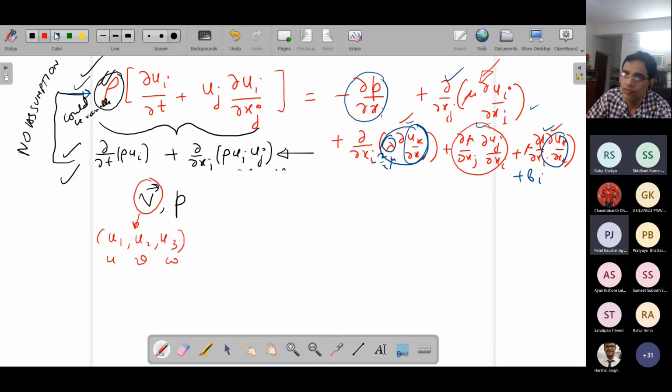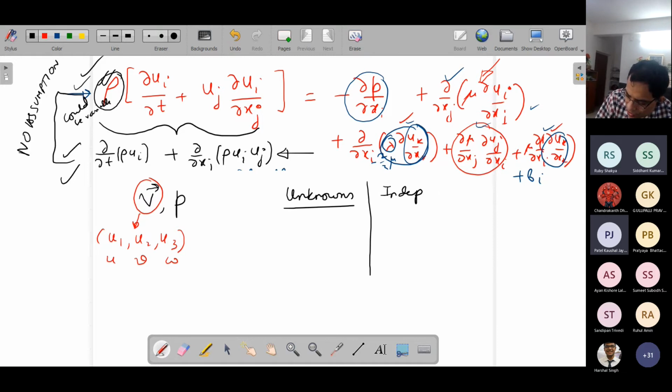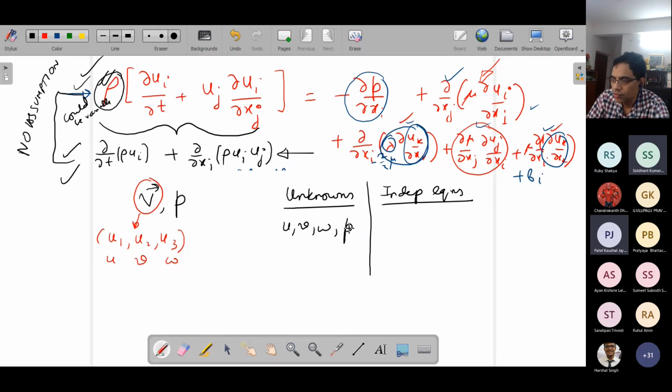Now, how many equations we have? So let us write this somewhere. Make a table. So unknowns and independent equations. So just to make a check and balance, how many unknowns and how many independent equations. So U, V, I'm writing in Cartesian system just for your physical simplicity in understanding. So you have 4 unknowns.